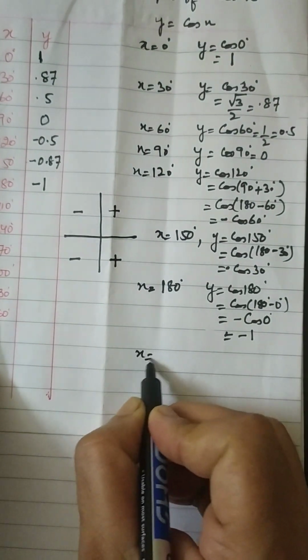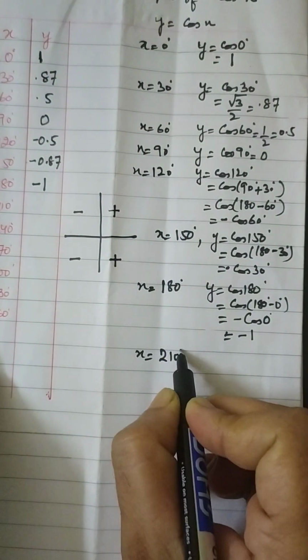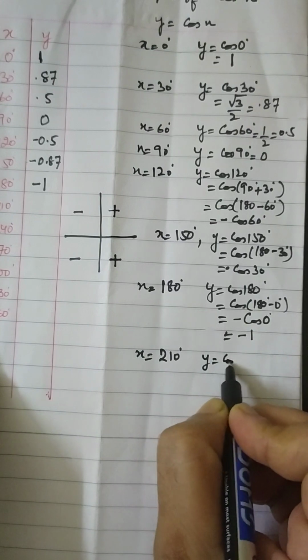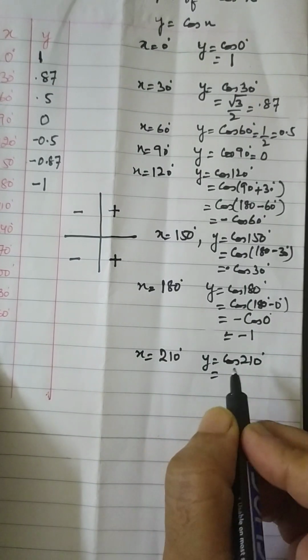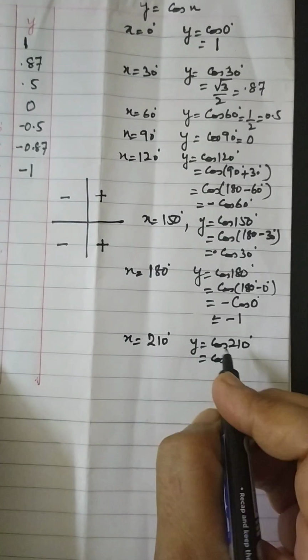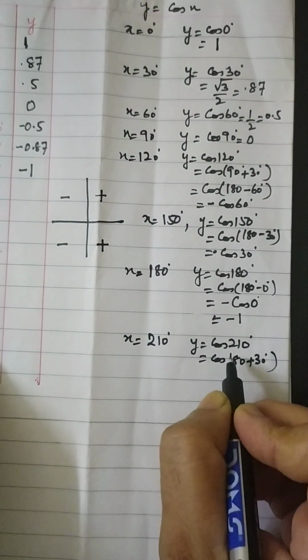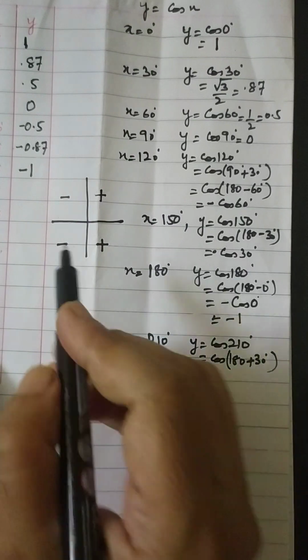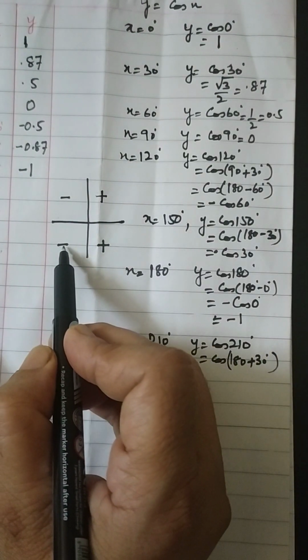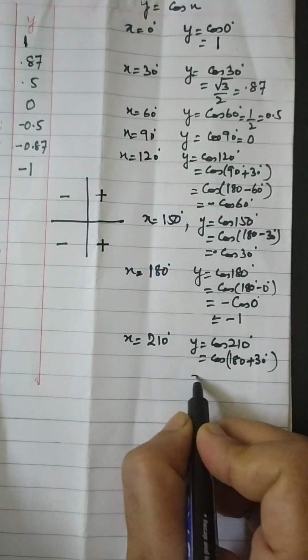Now x is 210. When x is 210, y is equal to cos 210. I can write it as cos 180 plus 30. Now this value lies in the third quadrant, and in the third quadrant also cos is negative.